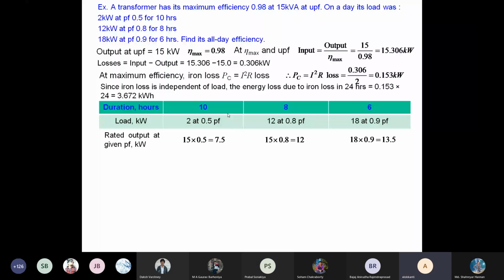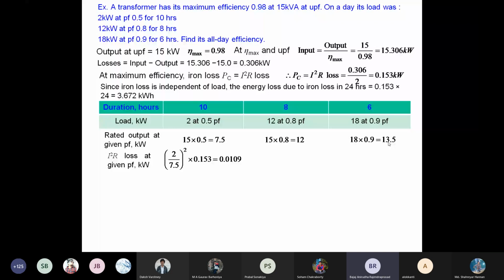Now, the I square R loss at the given power factor. So in the last column, there should be 15 into 0.9 in the rated output. Actually, there should be 15 instead of 18.